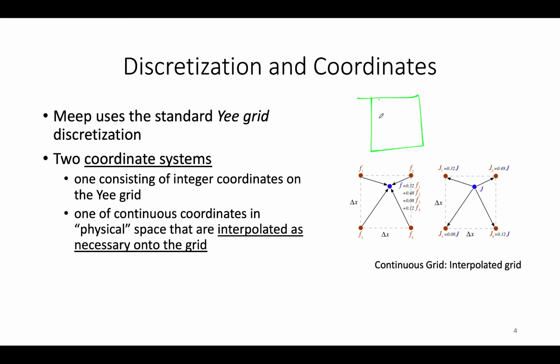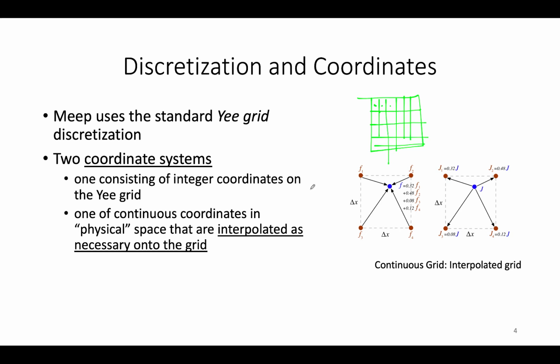We divide our system into a grid, and remember that the E field and B field are defined on the staggered grid. So we have a definition of our quantities within the grid, and this is a discrete grid. Meep also provides so-called continuous coordinates that give us the feeling that the space is continuous and physical.